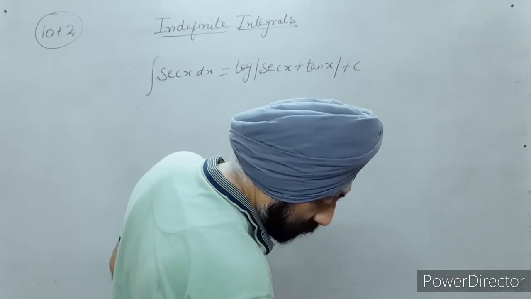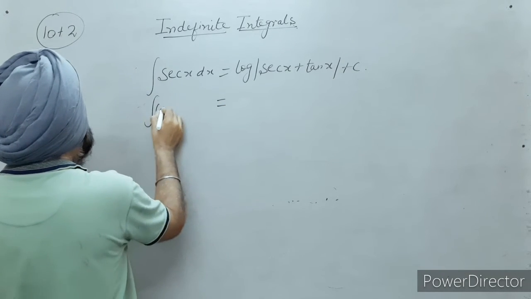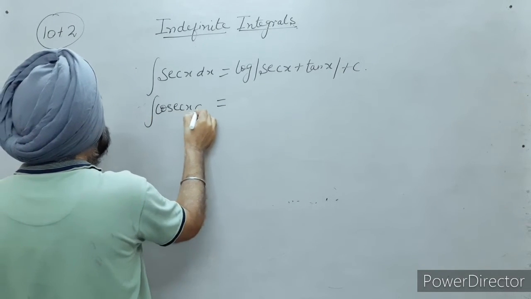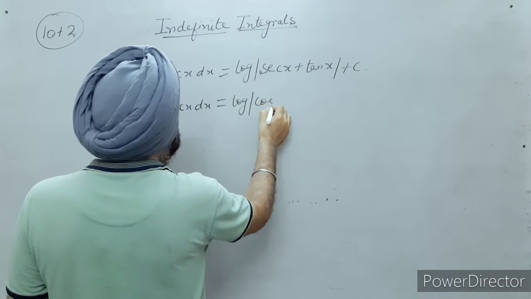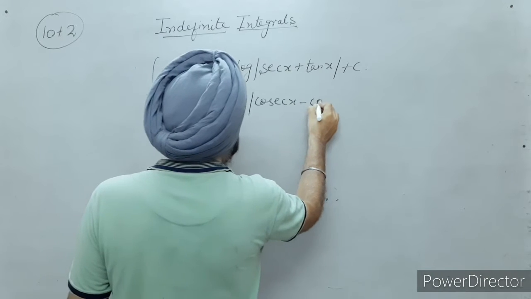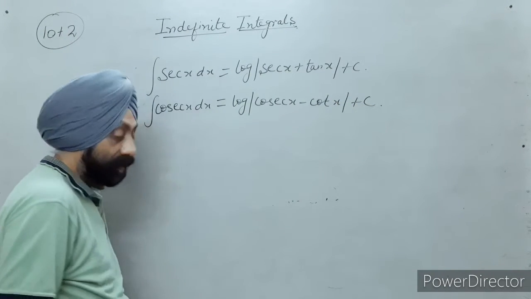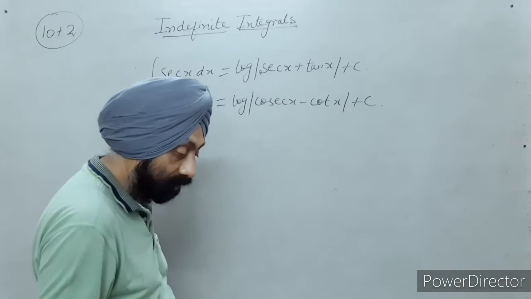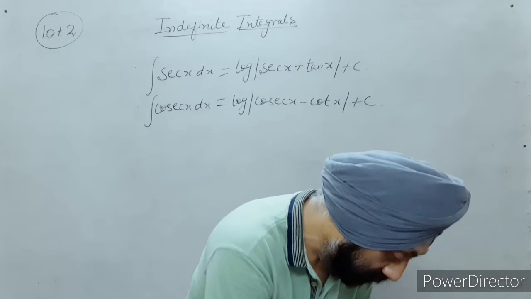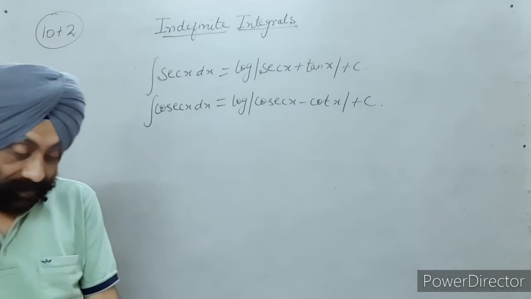Similarly, integral of cosecant x dx is log of cosecant x minus cotangent x plus c. Now, we will try a few questions based on these formulas, right?